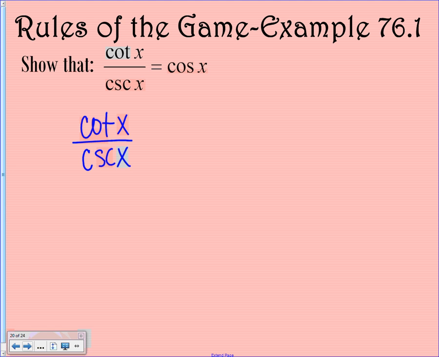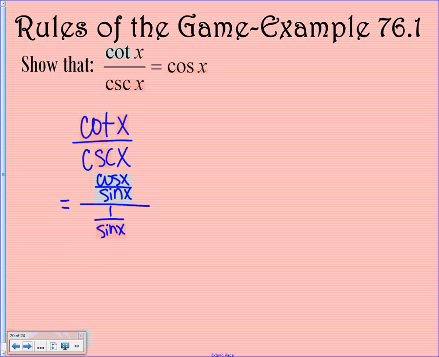Okay? So instead of cotangent, what can we say cotangent is? I could say that it is 1 over tangent, but then I'd have to replace tangent with something. Cotangent is cosine over sine, because tangent is sine over cosine, so the reciprocal of that would be cosine over sine. And then we know that cosecant is 1 over sine.